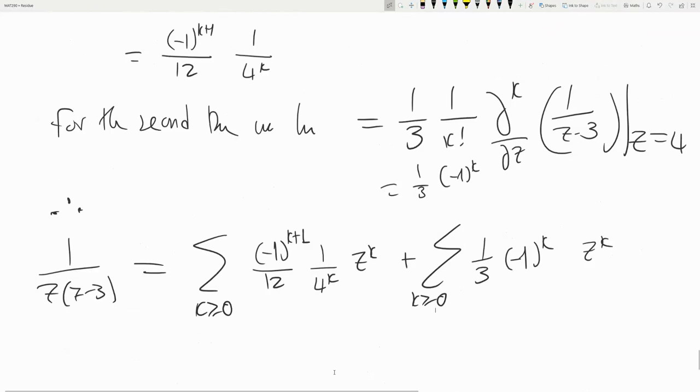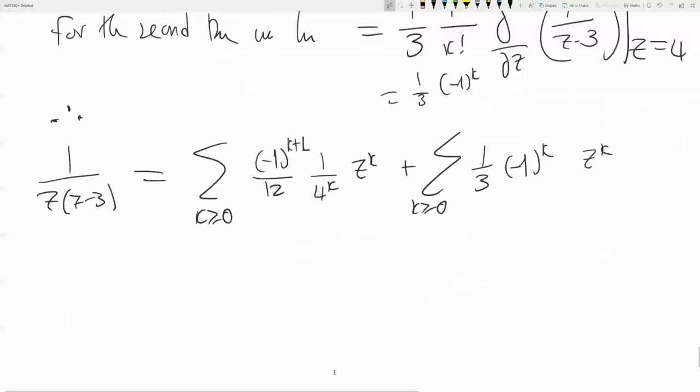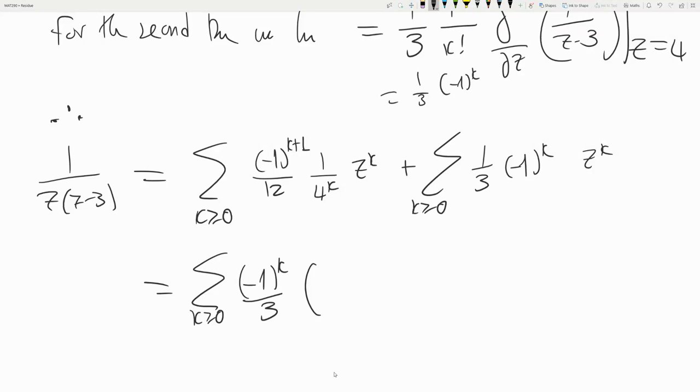but this is not clean enough, so let's bring them together. So minus 1 to the k. I can bring the 3 outside if you like. k plus 1 and then plus 1. Good. Sorry, z minus 4.